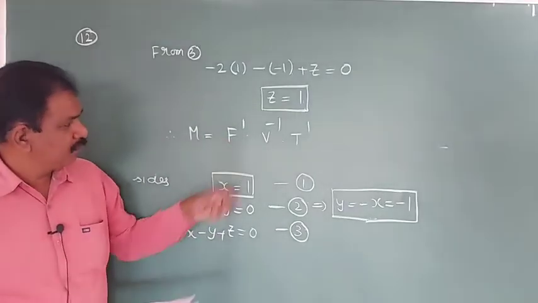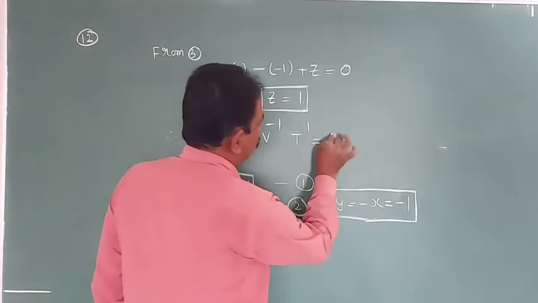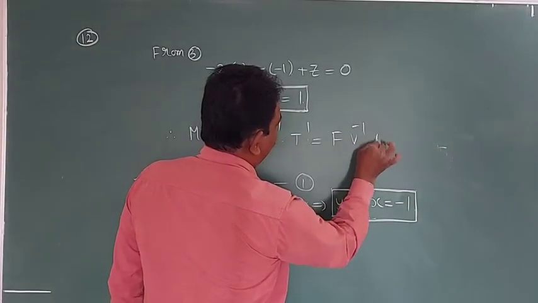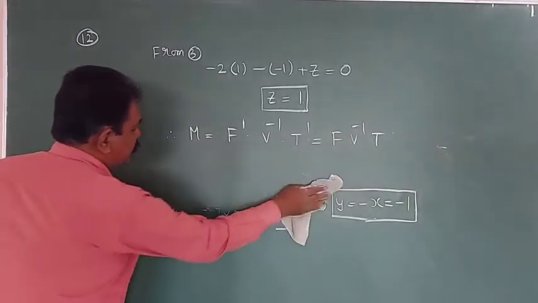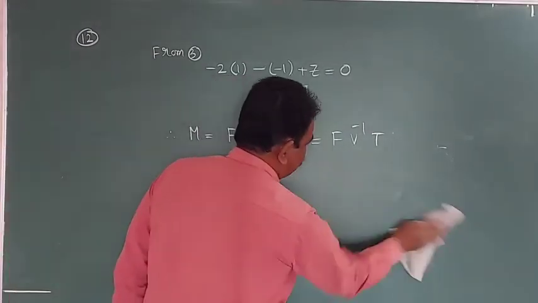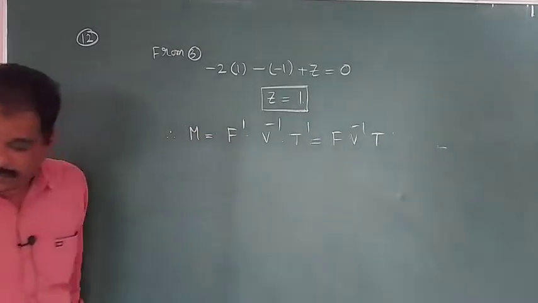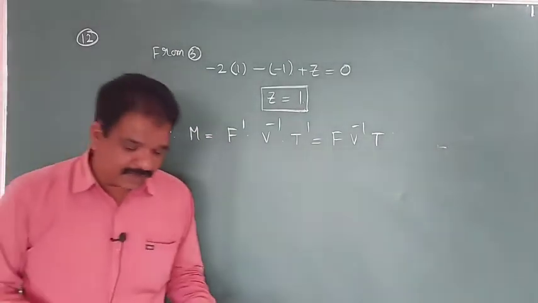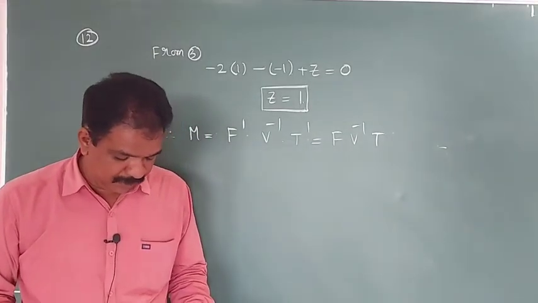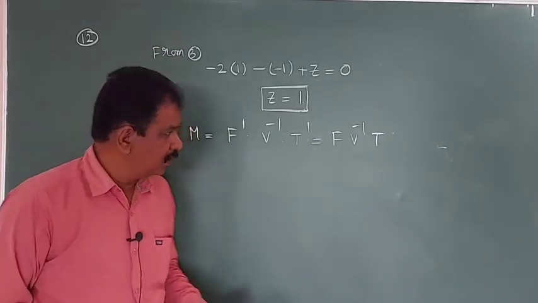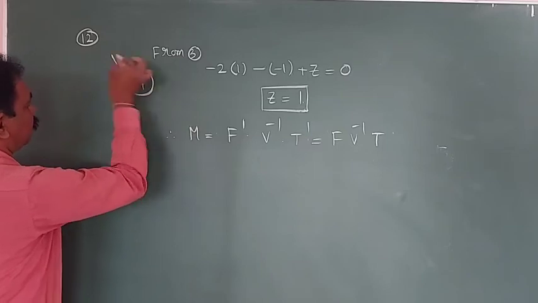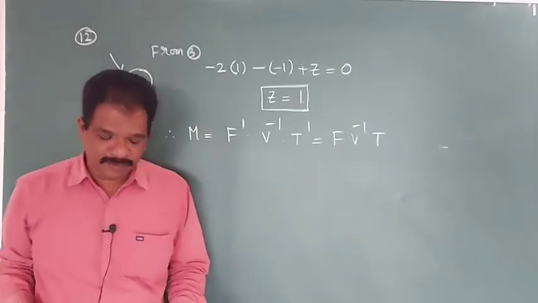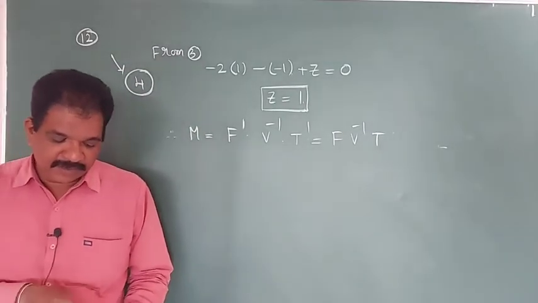F v power minus 1 t. Clear? This will be the answer. So the correct option for the given question will be the 4th one. Okay, next see the question number 13.